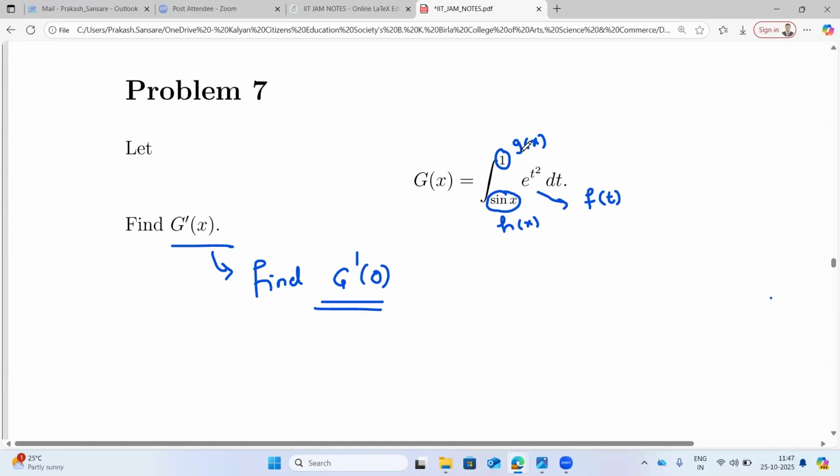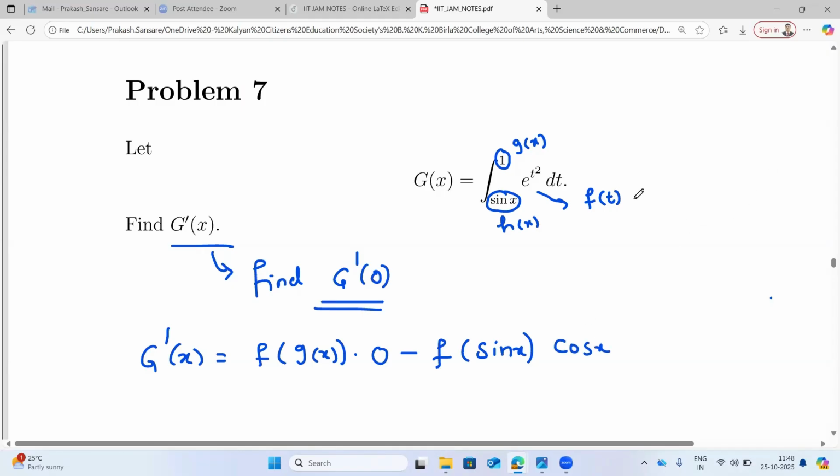So f is continuous and these two functions h and g are differentiable. So we can apply the fundamental theorem of integral calculus. So what will be the g dash x? It will be f evaluated at g of x into g dash x. G dash x means the derivative is 0 basically, minus f evaluated at sin x into derivative of sin x, which is cos x.